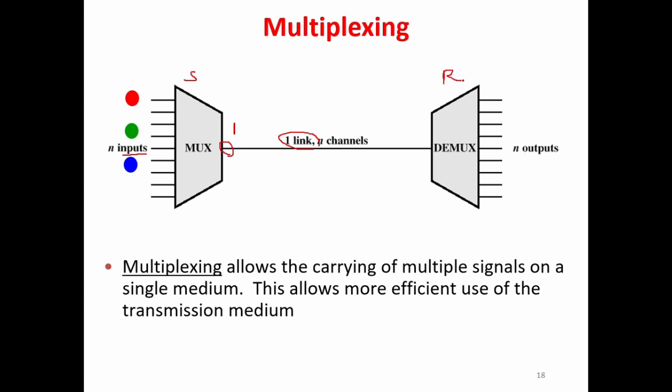At the receiver, we have a demultiplexer, and its role is completely the other way around. The input is single, but the output is n outputs. The signal is decomposed and split down into the different original signals, which are recovered from the demultiplexer.